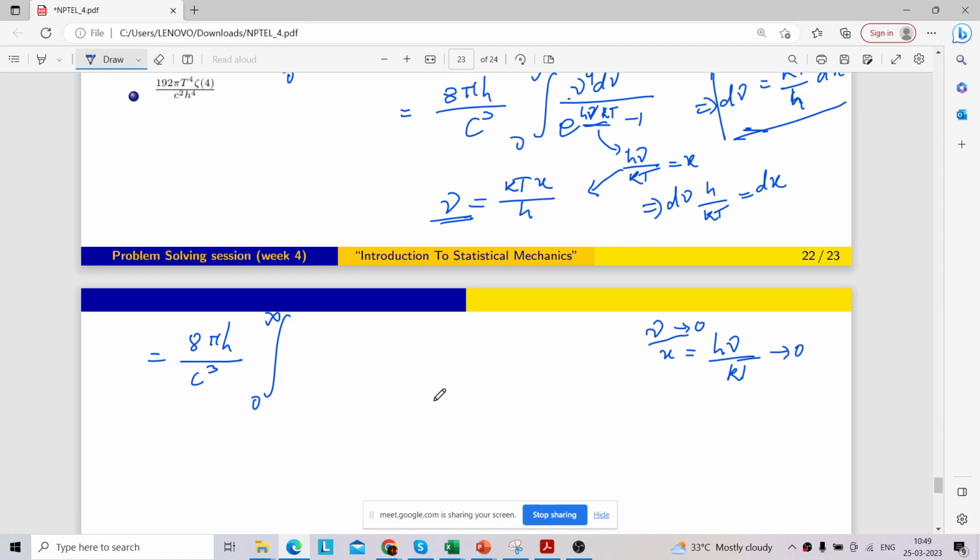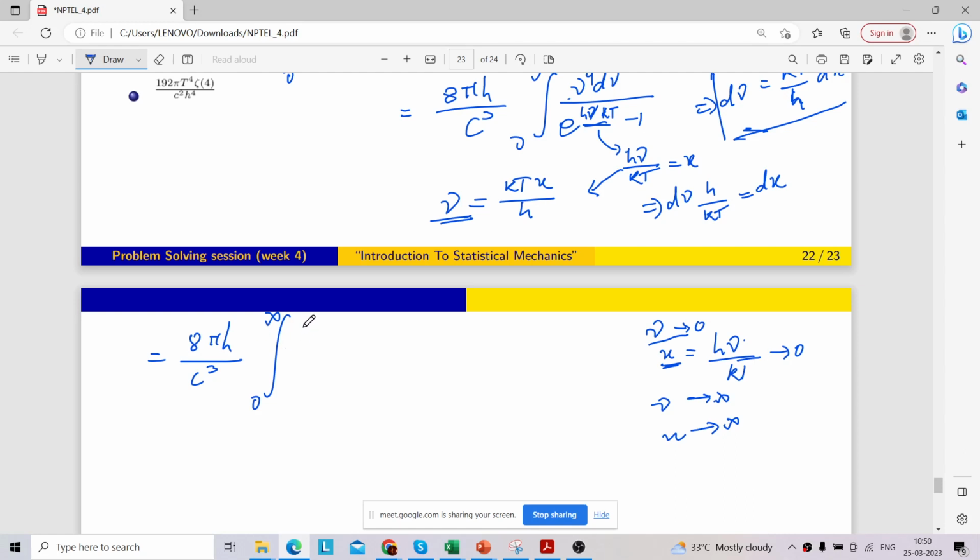So the lower limit will be the same. Let's check the upper limit. As nu tends to infinity, x also tends to infinity. So the limits will remain the same. Now we have to substitute.